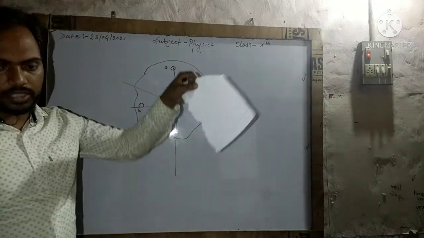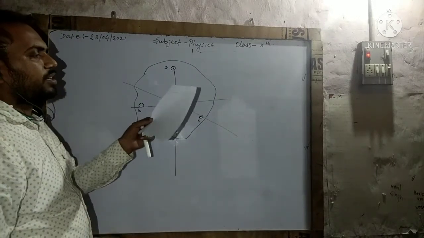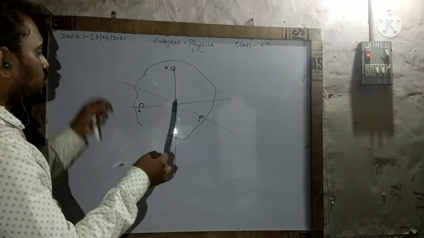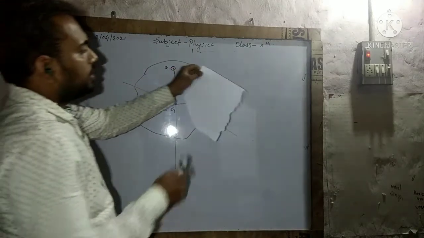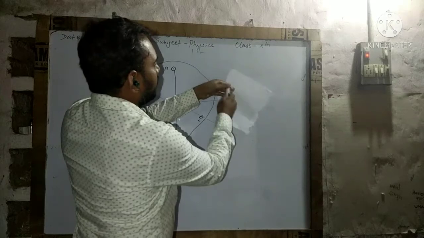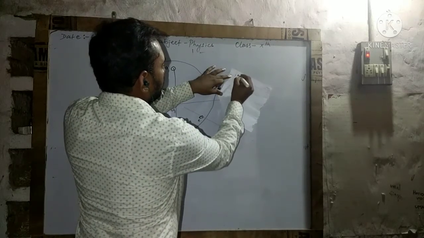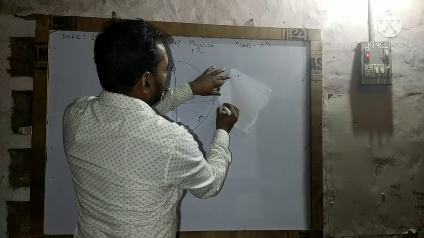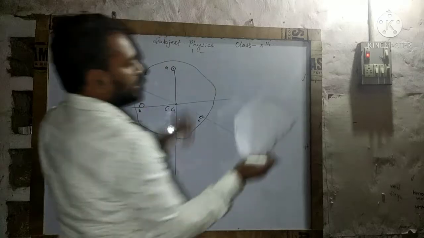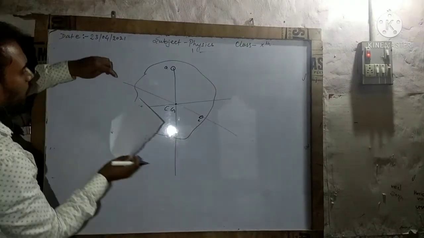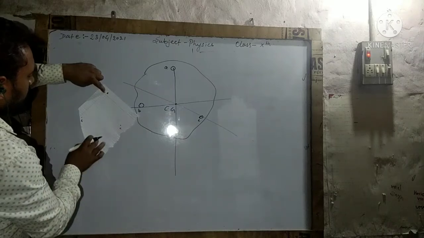I have to find the center of gravity of this piece of paper. So I will take 3 points, point A, point B and point C. Simply holding a pin through point A, let it be.